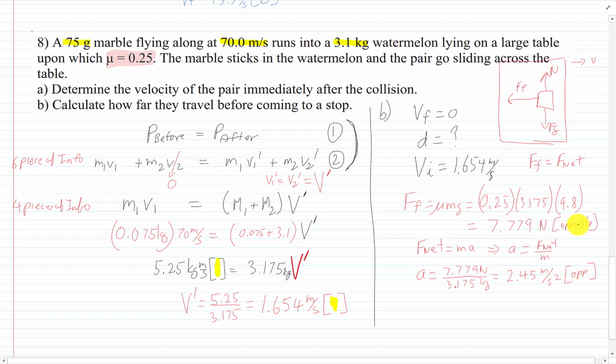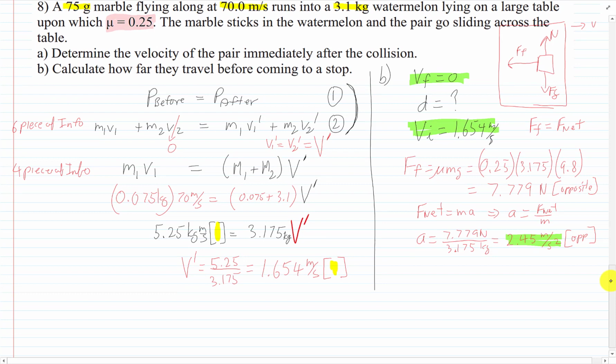Highlighting the things that we have, kinematically, we have final velocity, initial velocity, and acceleration. Calculate D. We put a dotted line here because we're changing from dynamic calculations above to the kinematic. So Vf squared is equal to Vi squared plus 2AD. So the stopping distance is going to be Vf squared minus Vi squared all over 2A.